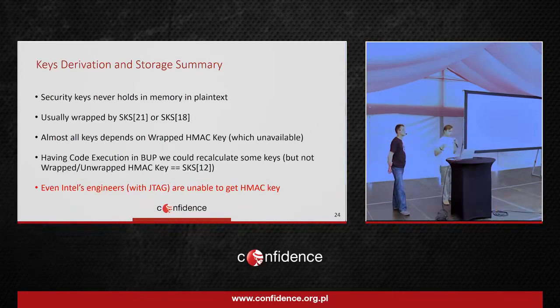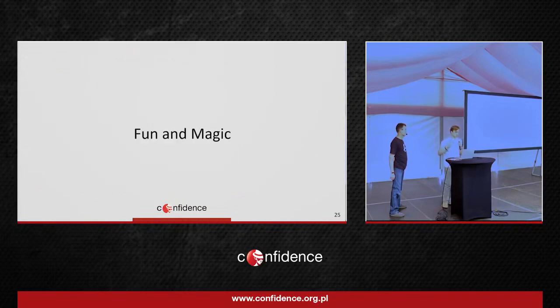And almost all keys depend on the wrapping key, which we cannot know. As I said, even an Intel engineer with JTAG is not able to get the SHMA key because it's the main secret of the platform.